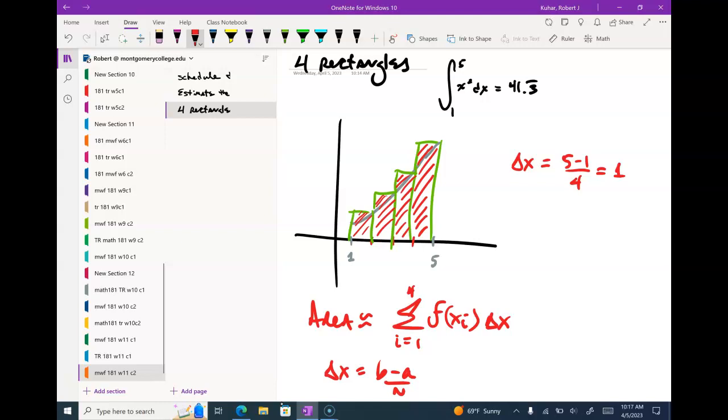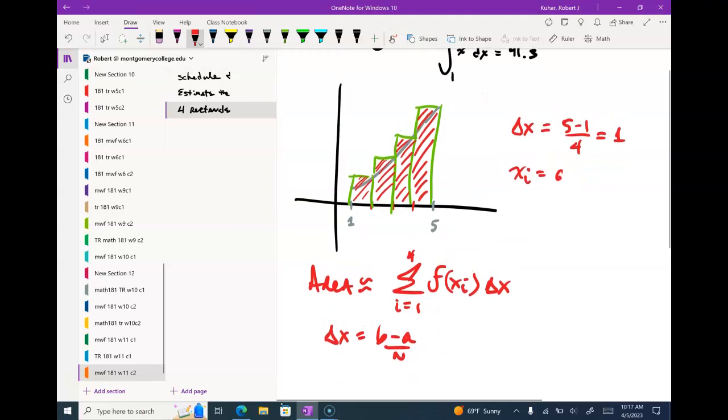And so x sub i is, in general, a plus delta x times i. So for us, it's starting at 1, and we're going to be adding 1 times i each time: 1 plus 1 times 1, 1 plus 1 times 2, 1 plus 1 times 3.